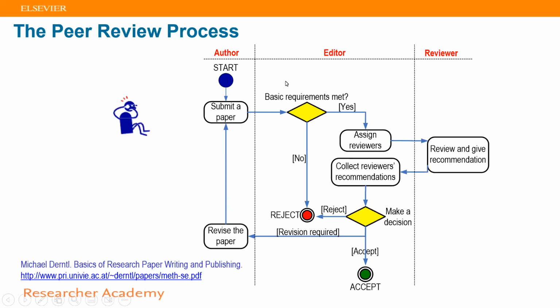This is the peer review process, as you can see, and I have just mentioned that this process is a collaboration between you as an author, the editor of the journal, and the reviewer. You are writing a draft of your manuscript. Sometimes you can hear these words: manuscript, paper, research article. So what are the differences between them?